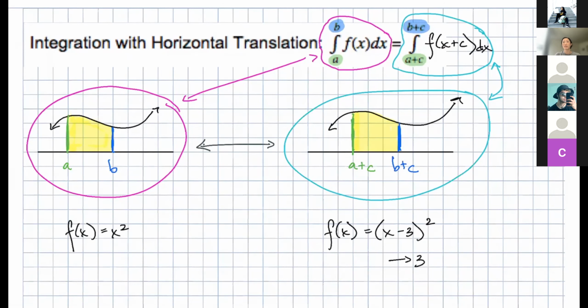I agree. I think that with this one, if I had thought about it more in advance, I would have drawn them on the same one. That's fine.